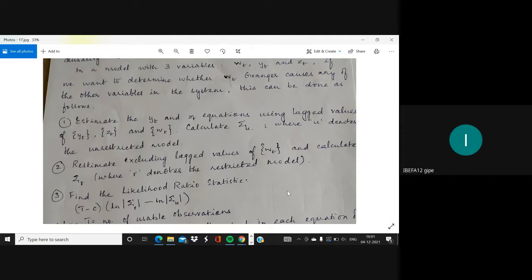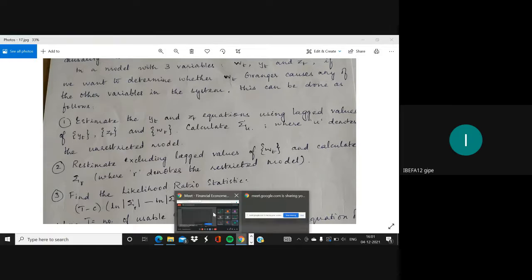You're partially correct, but can you tell me, two restrictions in the sense that the first restriction will have two variables being set to 0, which are those variables? Ma'am, for example, the contemporaneous effect of zt on yt and of wt on yt will be equal to 0, and the contemporaneous effect of wt on zt will be equal to 0. No, just a minute here.